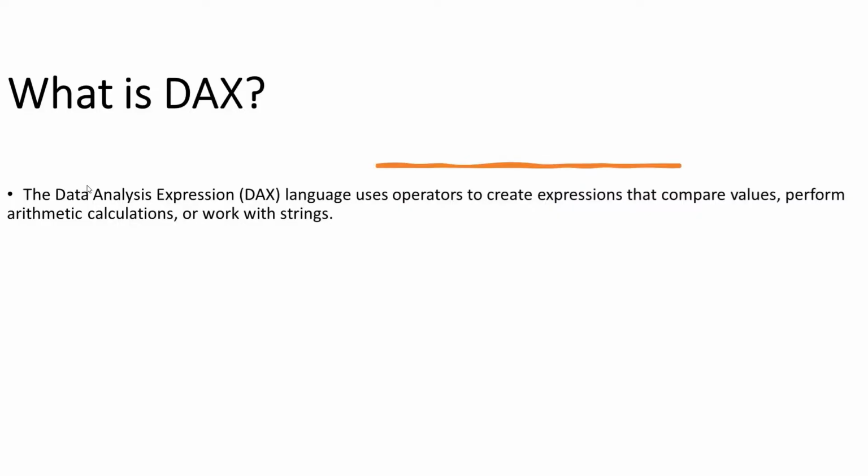What is DAX? The full form of DAX is Data Analysis Expression. DAX is a language which uses operators to create expressions that compare values, perform arithmetic calculations, and even work on strings.